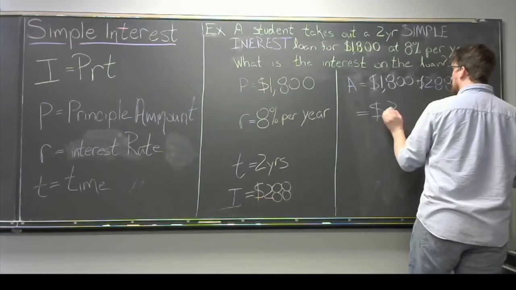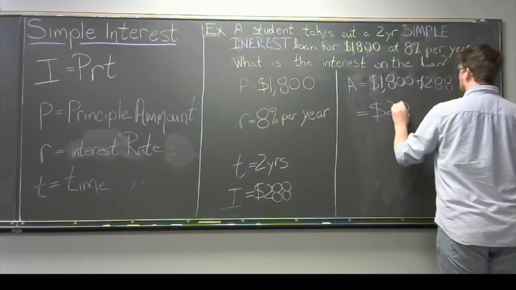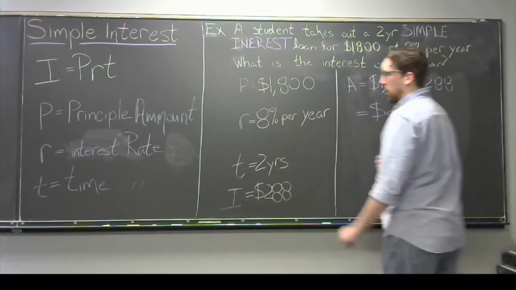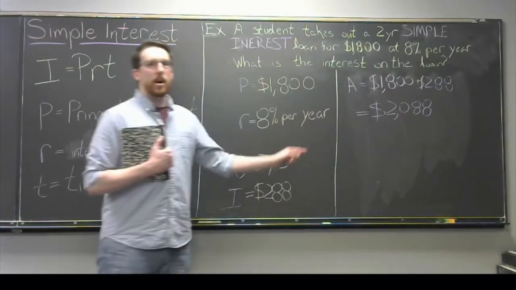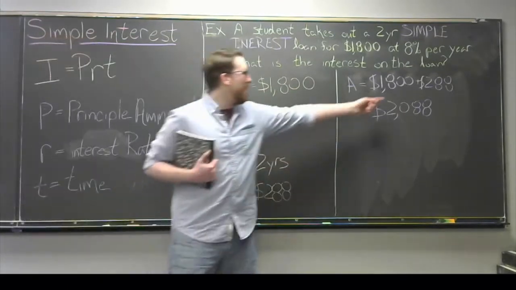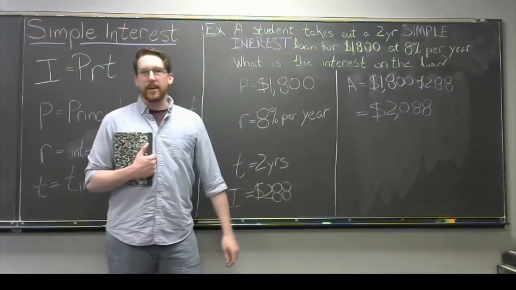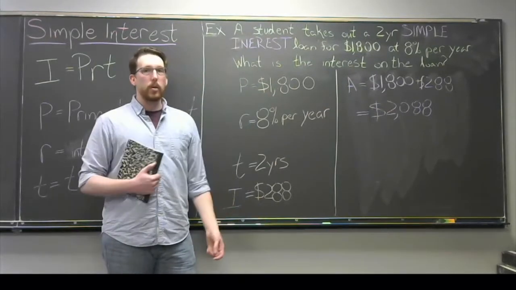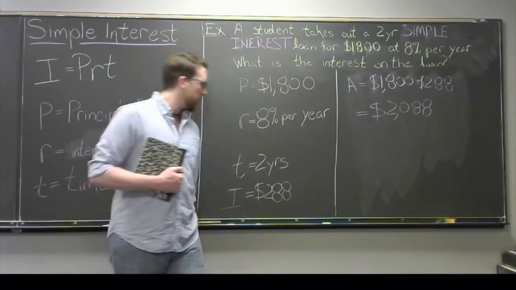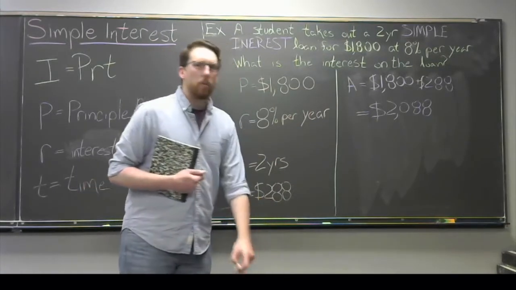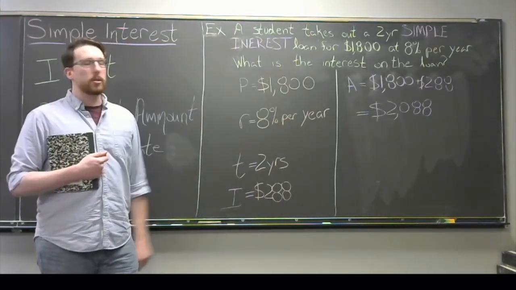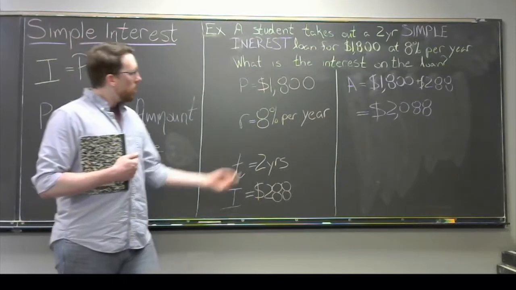So $2,088. But we don't want to have to calculate this each and every time. Having to go through, find the interest, and then add it to that, it gets tedious after a little while, right? If we were a bank doing a bunch of these loans, we definitely don't want to have to go through this entire process. So surely there's a better way of calculating the amount owed at the end of whatever the loan period is. And there is.